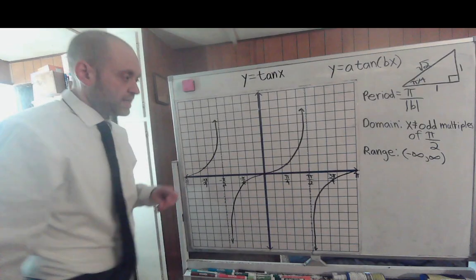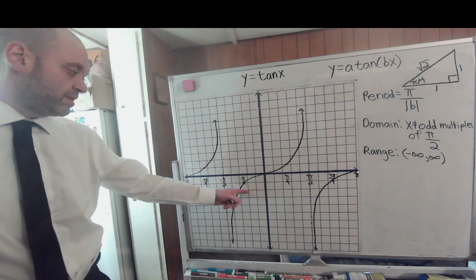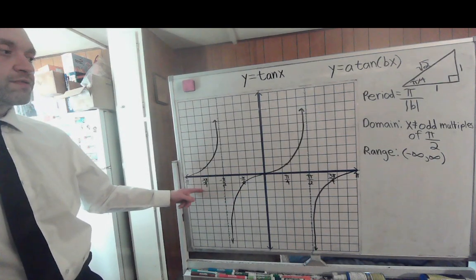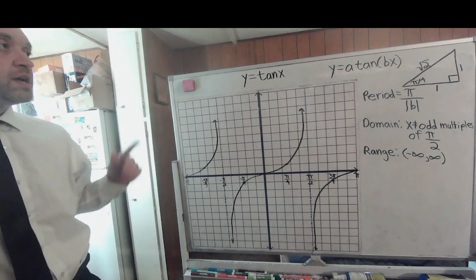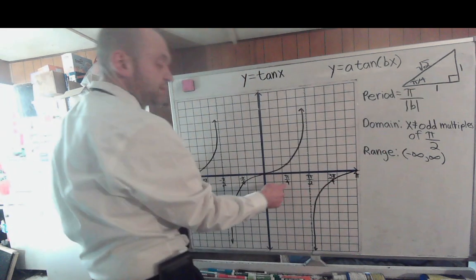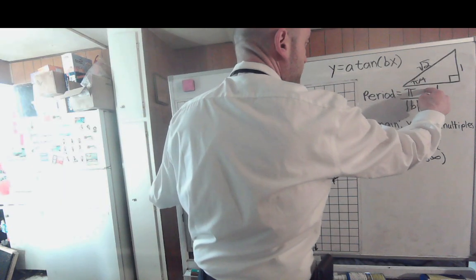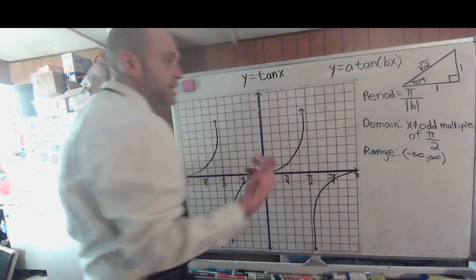And you notice I have pi over 4 and 3 pi over 4 and negative pi over 4 and negative 3 pi over 4. Those really do come into play in your tangent function, because at the pi over 4s, if we take pi over 4, the tangent is going to be 1 over 1. You set yourself up a 45, 45, 90 triangle.